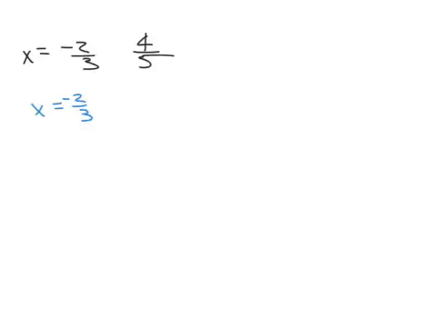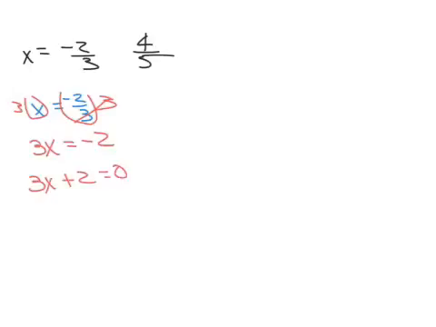How do we get rid of this 3? We multiply both sides by 3, right? So I get 3x equals negative 2, because those cancel. And then I set it equal to 0. Okay, I'm going to hold on to that one for a minute.